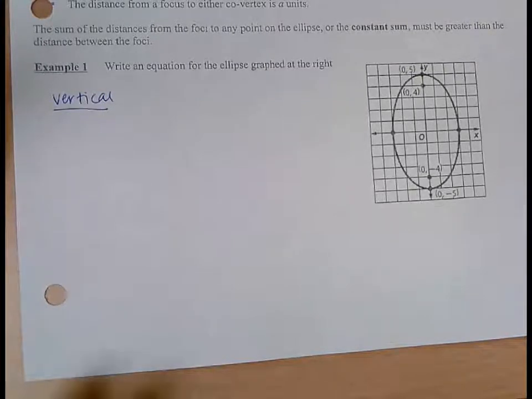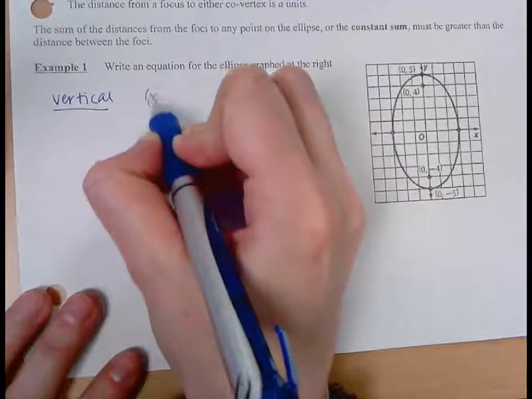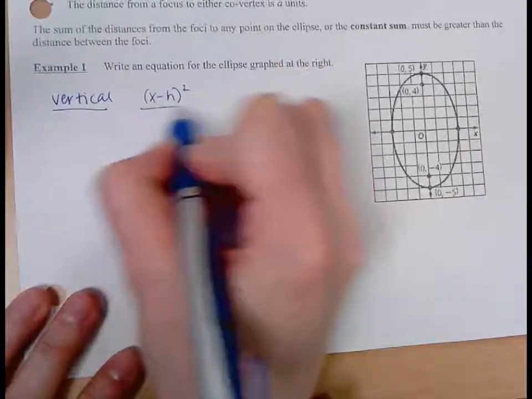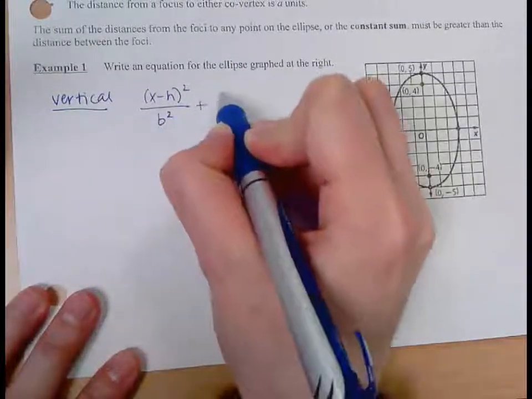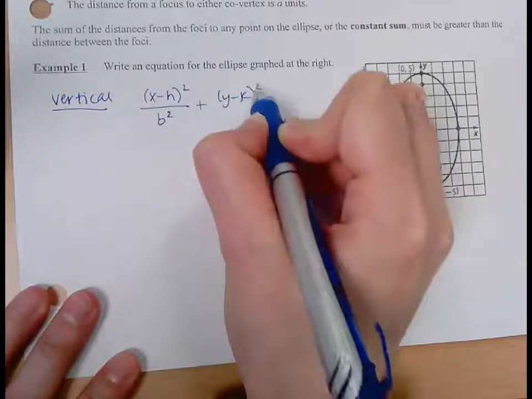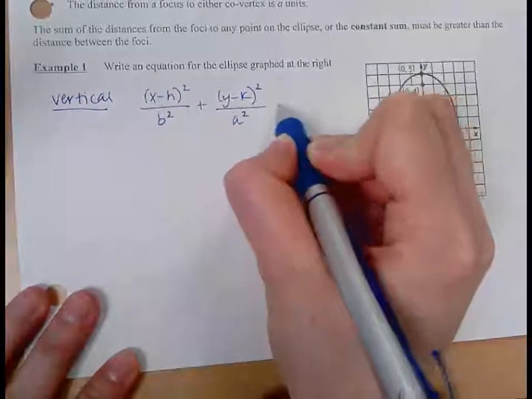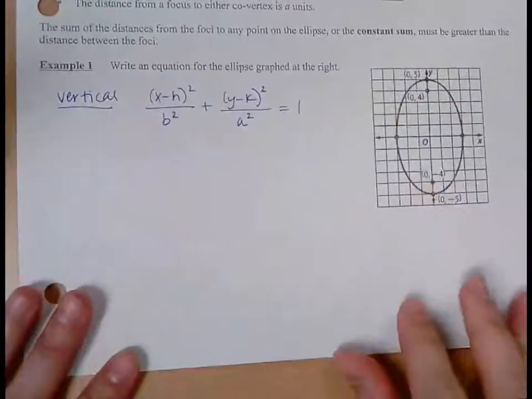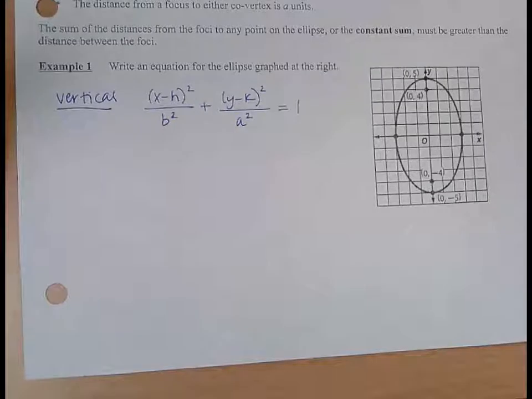So if it's a vertical ellipse, we're using the following standard form. So the a squared is underneath the y, b squared is underneath the x. And we need to find h, k, a, and b in order to write this equation in standard form from what we're given.